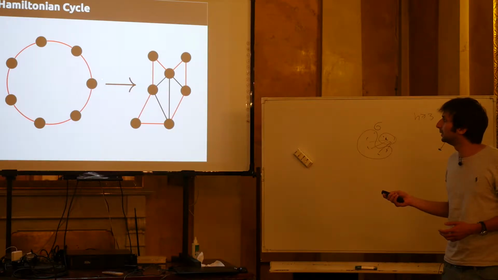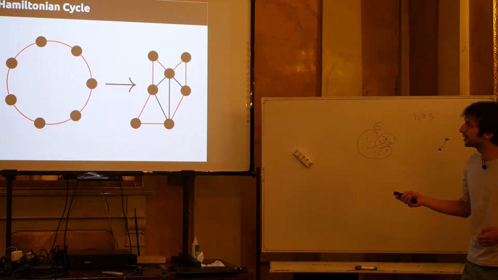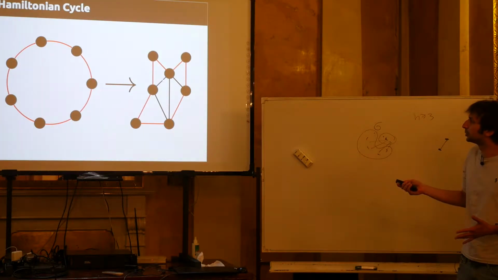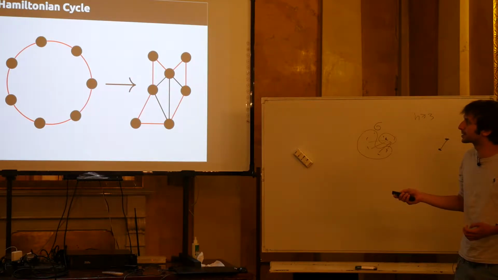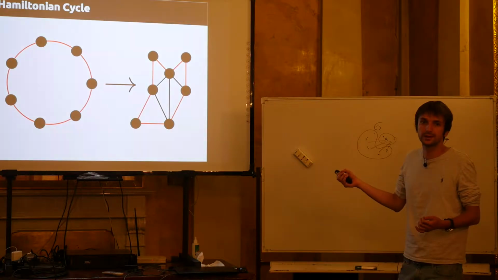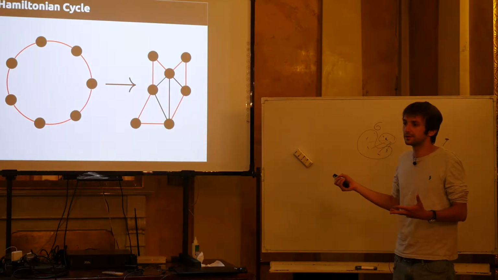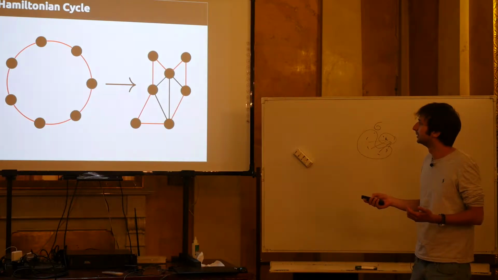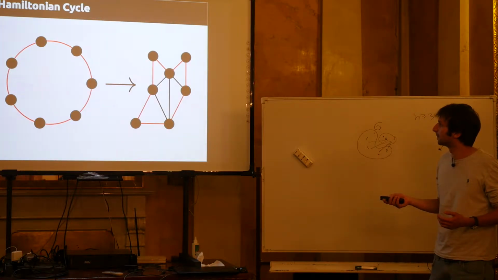Right, so when here we have a cycle on n vertices, and here we have an arbitrary graph on n vertices, then we see that we have to be removing edges in order to get a cycle, which corresponds to the Hamiltonian cycle problem, right? In particular, this problem generalizes Hamiltonian cycle, which is also a very hard, NP-hard problem.